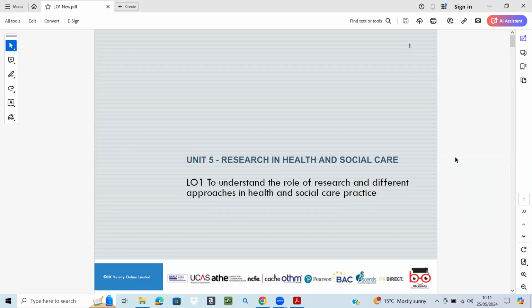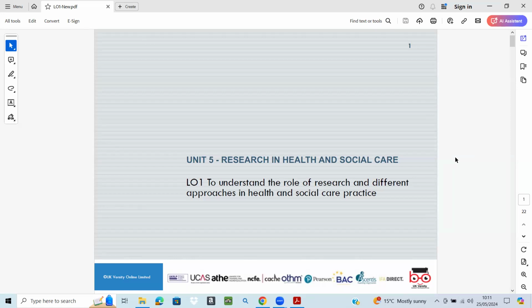The second one is integrating research into policy. It is about ensuring that research findings inform health and social care policies, guidelines, and standards, and standard operating procedures are crucial.